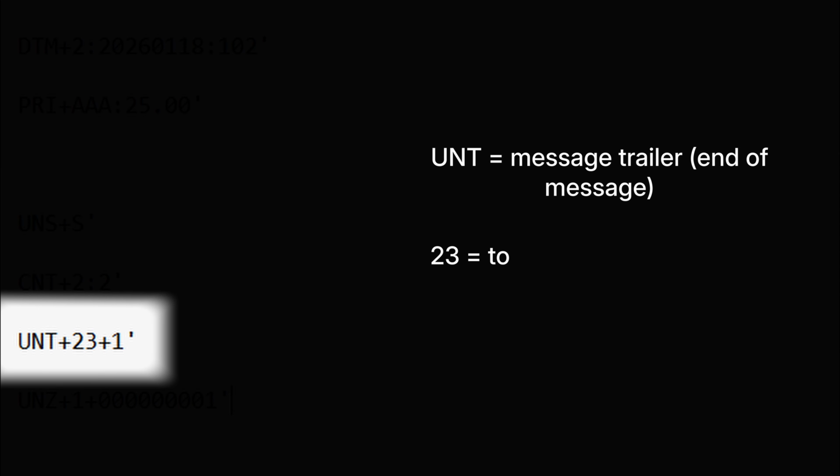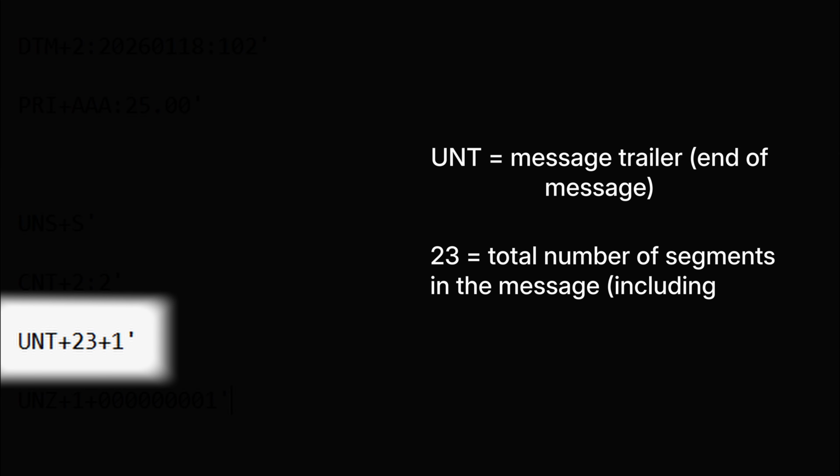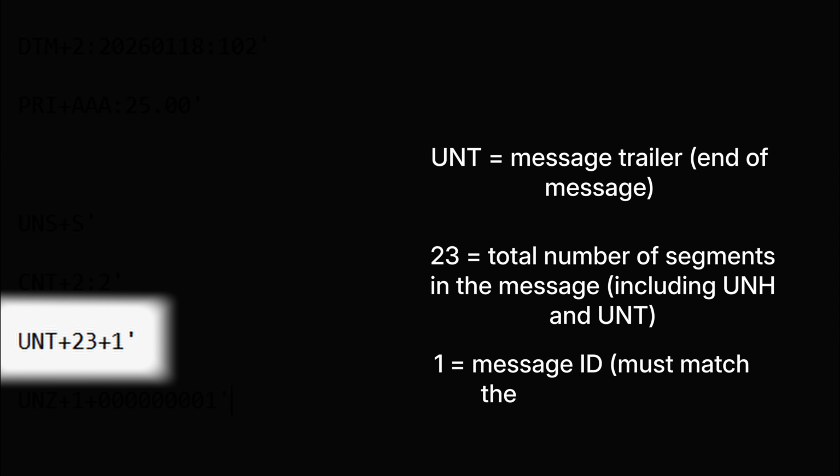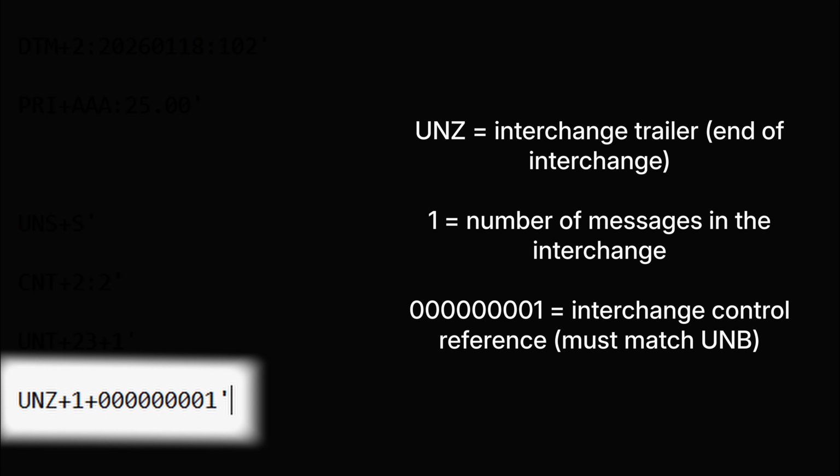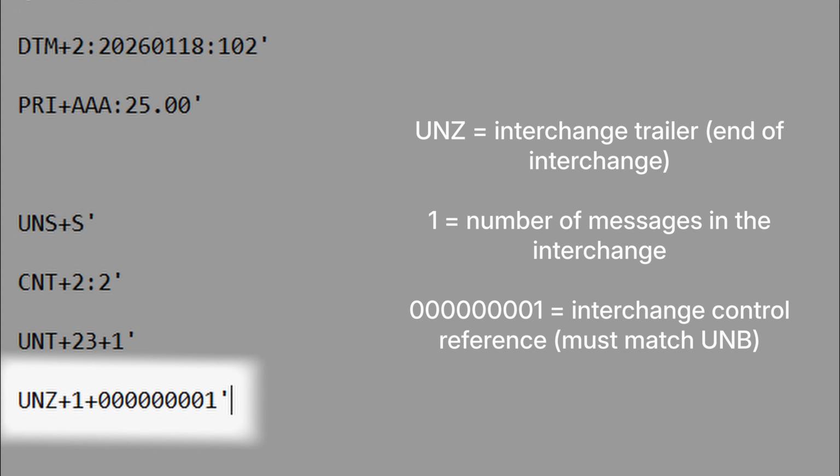The number 23 represents the total number of segments in the message. The value 1 must match the message reference number from UNH. UNZ closes the interchange. It confirms how many messages are included and must match the UNB reference.